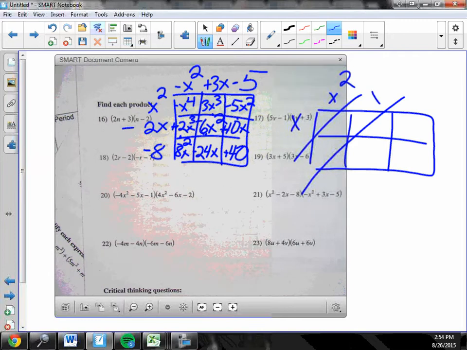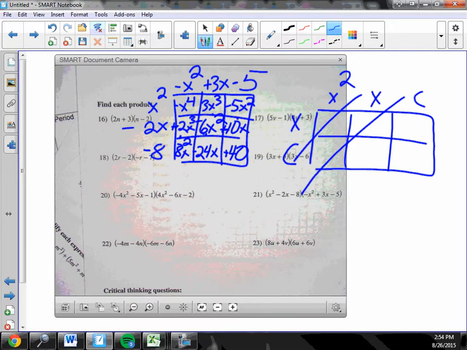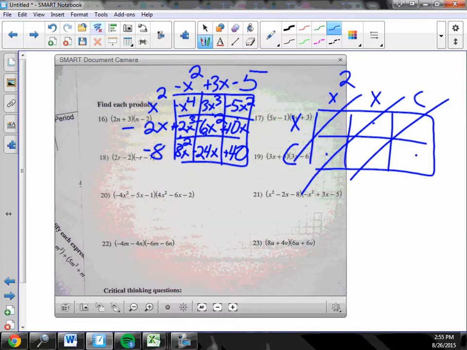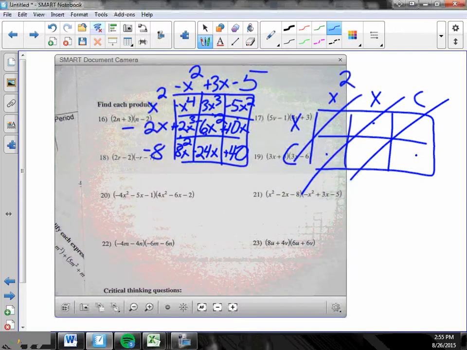Well, this would be an x term, and this would be a constant, and that would be a constant. So x squared, yes. Will those both be x's? Yes. And then this one will be a constant. So that's not a case when they don't line up. But there is a pretty common case where the diagonals don't match.